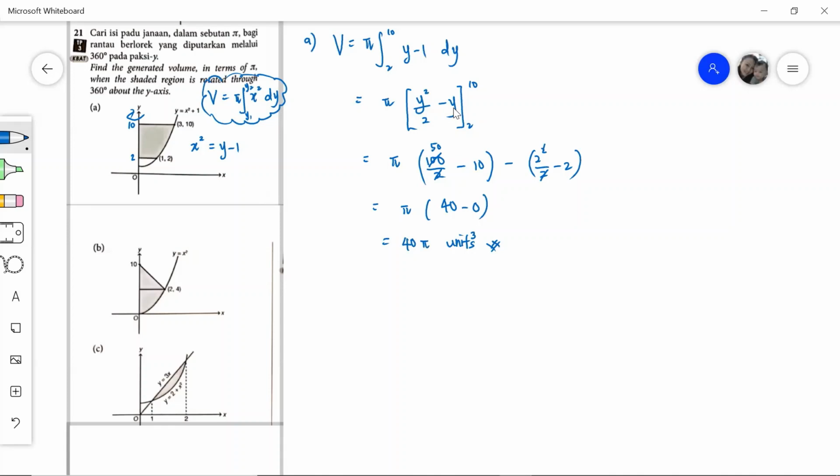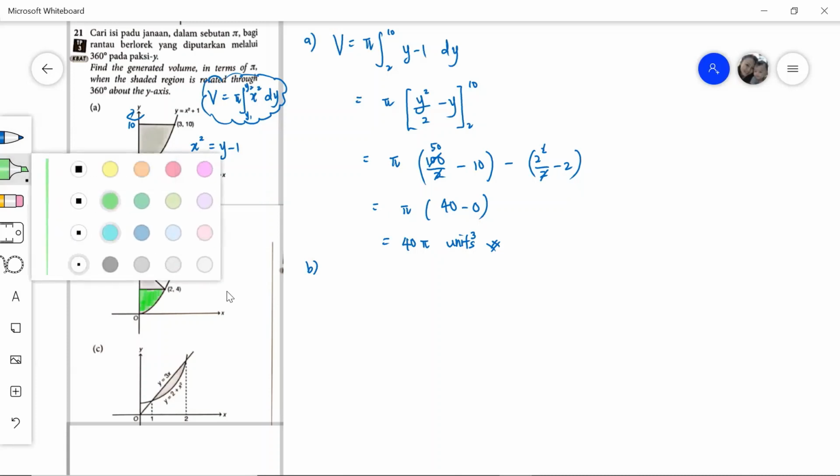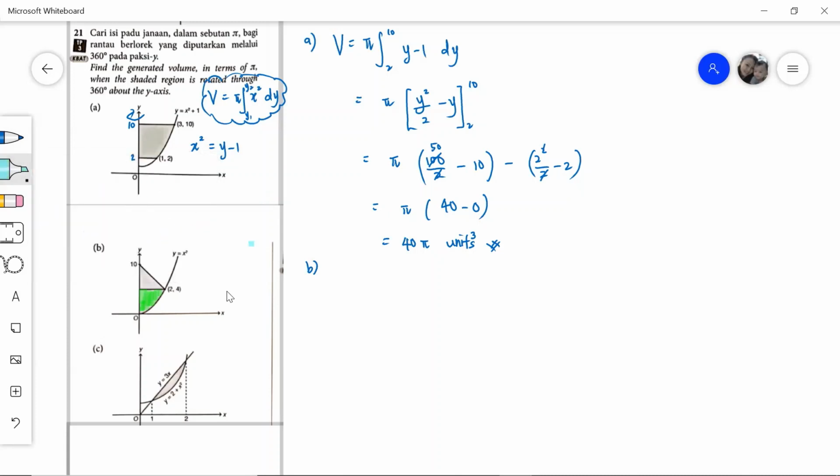Now next, B. For B, we notice that the shaded region is actually the area under the curve y equals x squared. Let me just use the highlighter. The green part is under the curve y equals x squared, whereas the blue part is under the straight line.